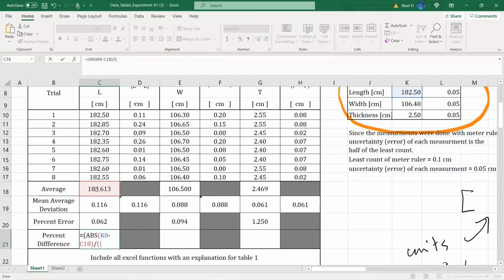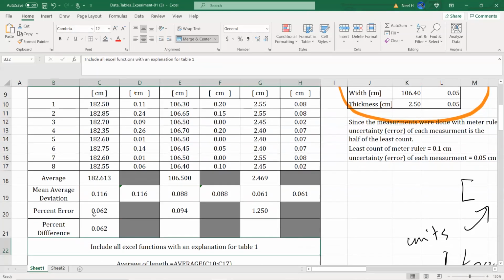I have to put everything together in the denominator. Open double bracket K8 plus C18, close bracket, divide by 2, close bracket twice, multiplied by 100.